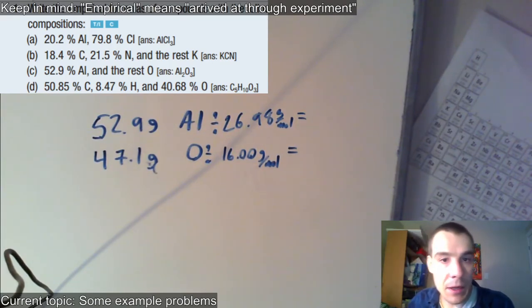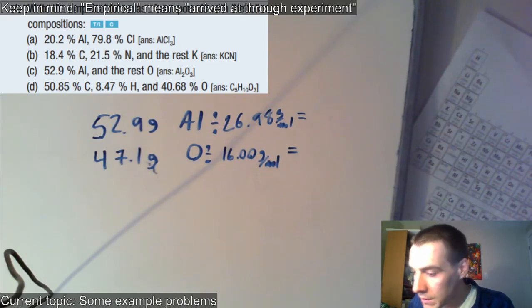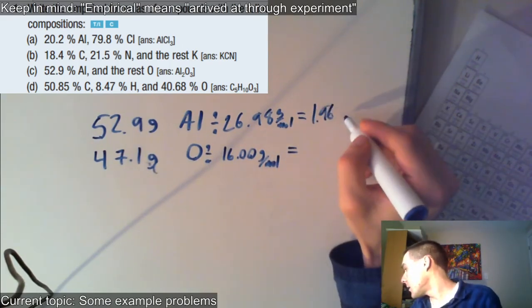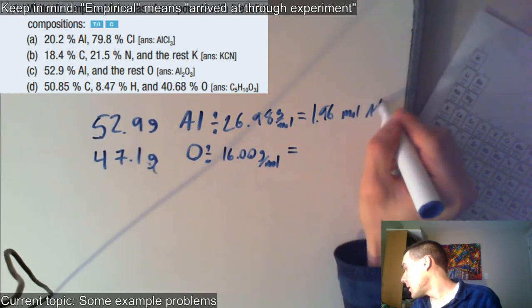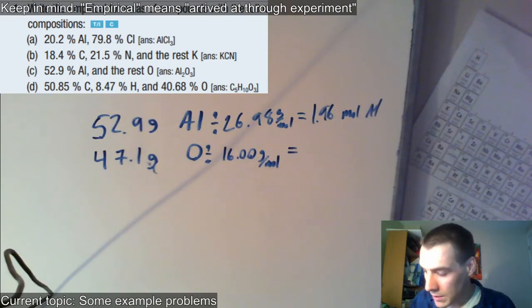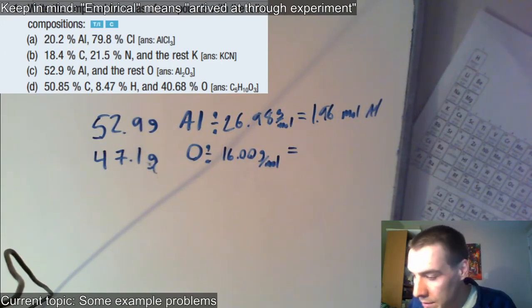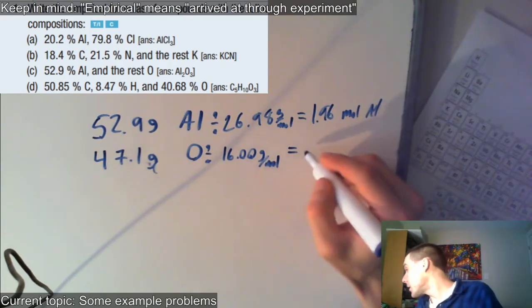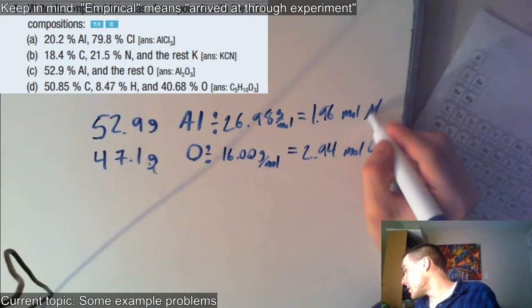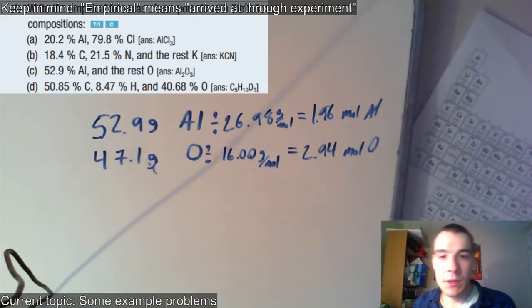52.9 divided by 26.98 is 1.96 moles of aluminum. And the oxygen is 47.1 divided by 16, 2.94 moles of oxygen. Now here we have a pretty good whole number ratio.